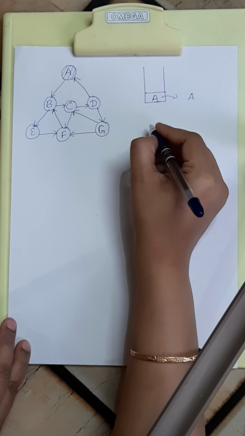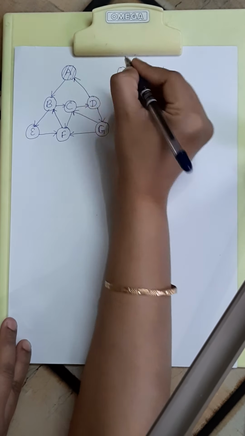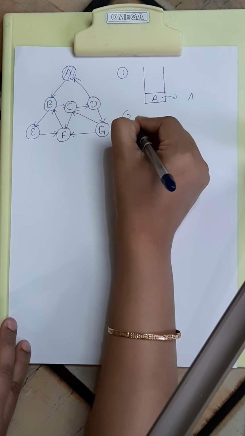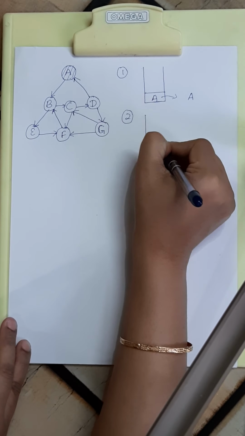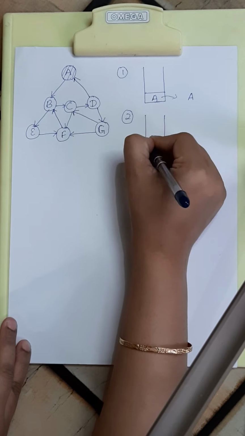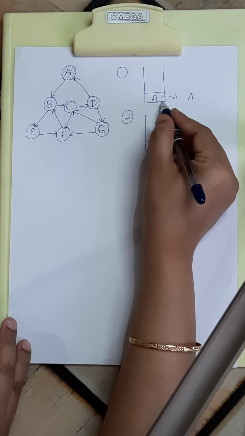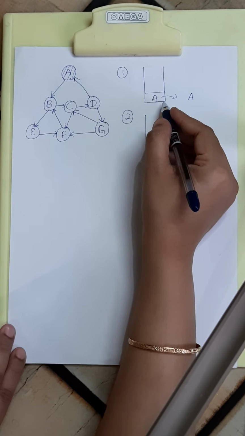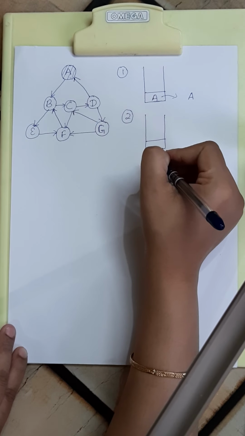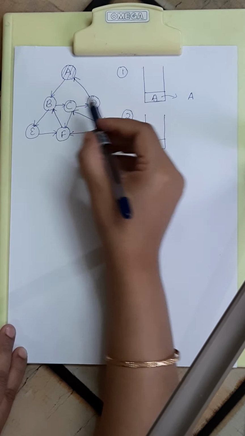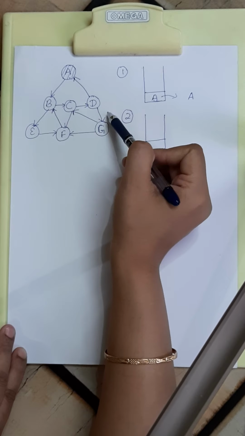This was the first step. In the second step, what will happen? We have popped A, and then we have to insert the neighbor element of A. Now, if you can see, this is a directed graph.